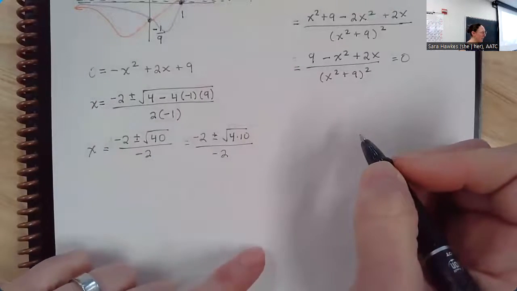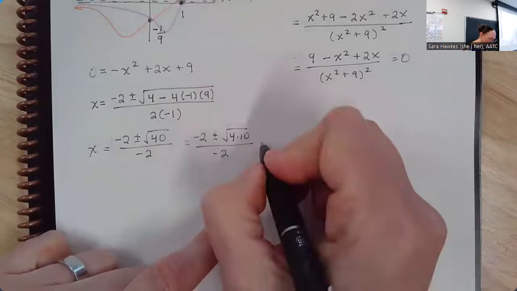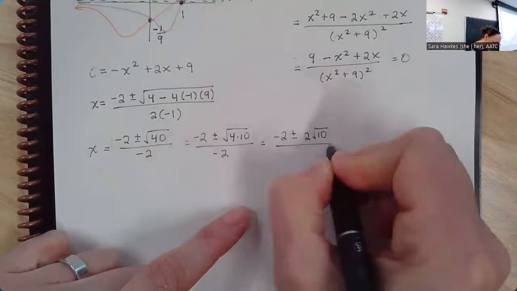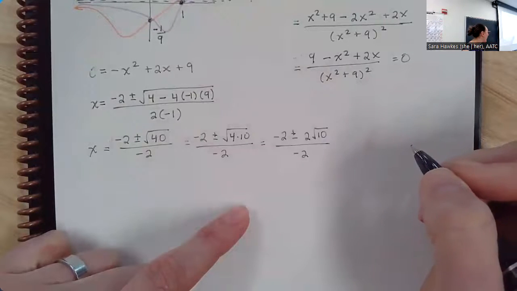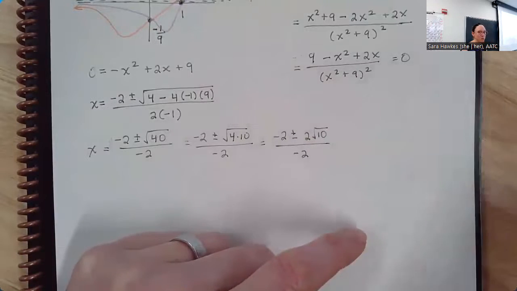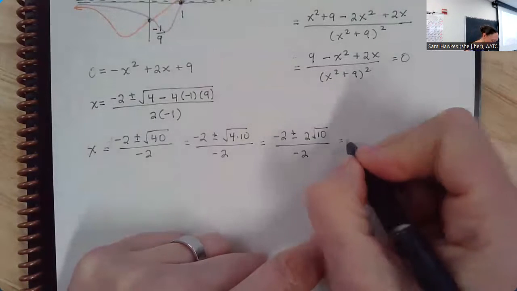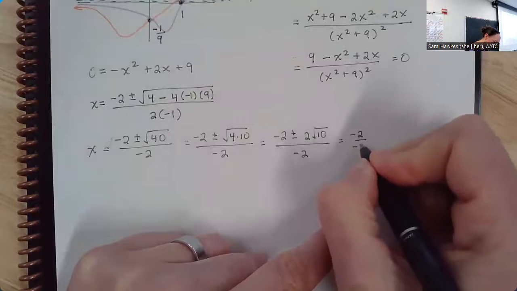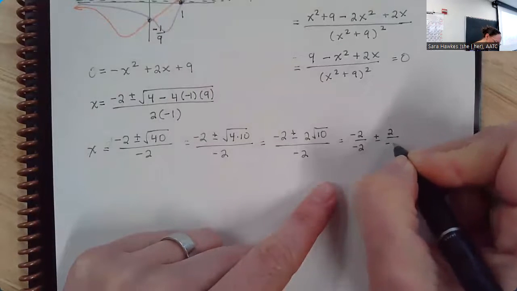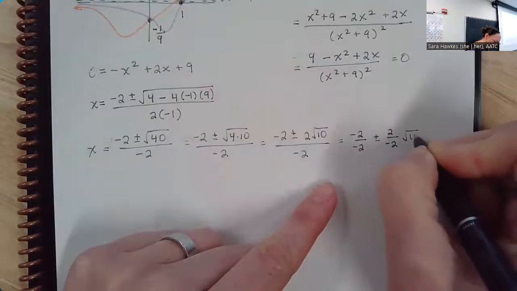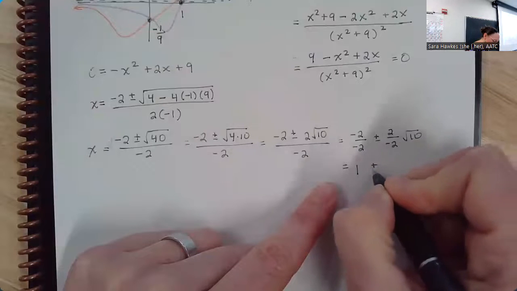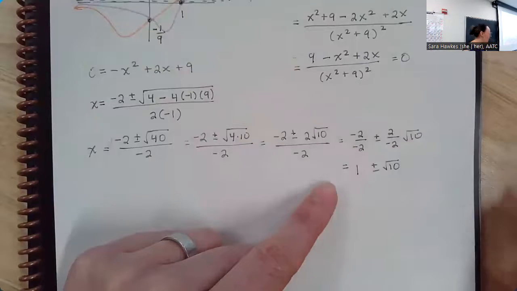Not a whole lot better, but I can take the square root of 4, and then either break that into two fractions or factor out the 2, however you want to look at that. If I leave that as negative 2 over negative 2, plus or minus 2 over negative 2, square root of 10, I've got 1 plus or minus the square root of 10.